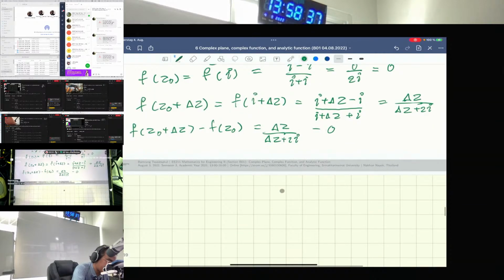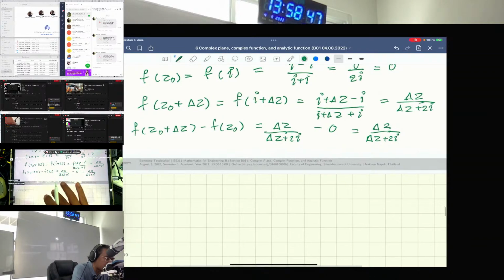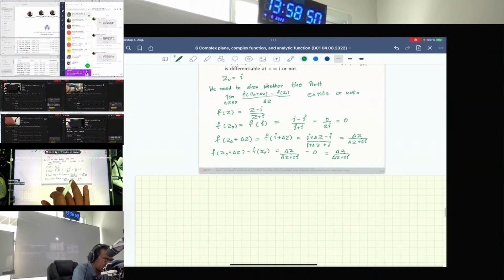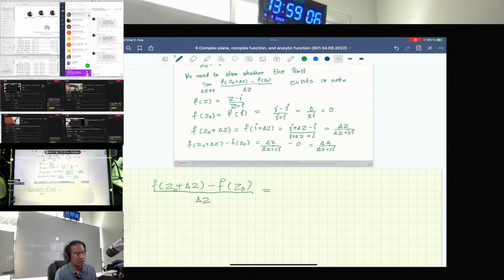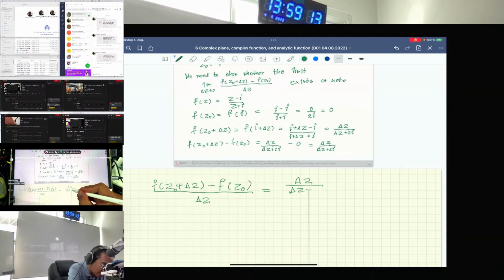And the next thing is the ratio. We consider the ratio of f of z0 plus delta z minus f of z0, I'm sorry for that, divided by delta z. What is this ratio then? It's going to be delta z divided by delta z plus 2I, divided by, what is that?